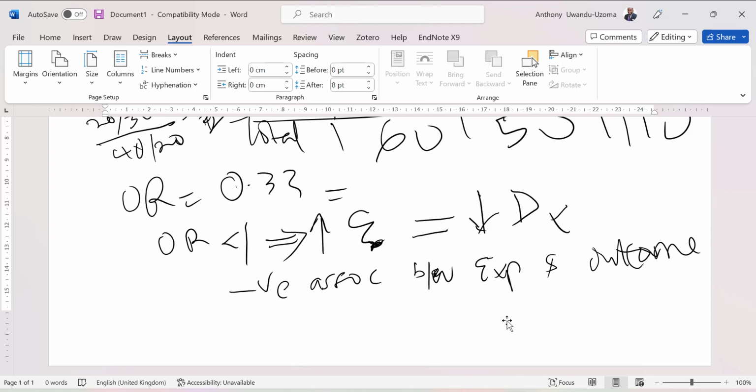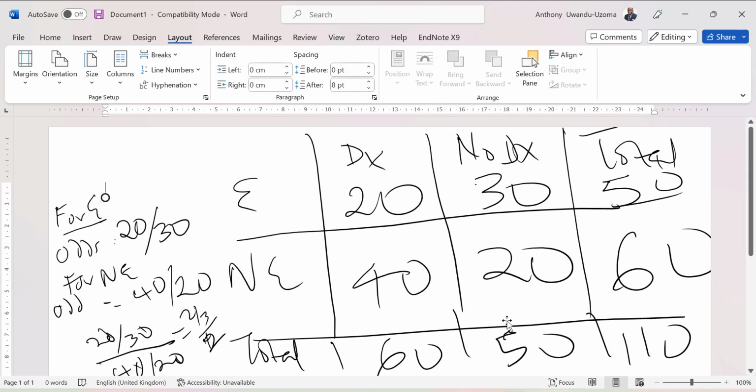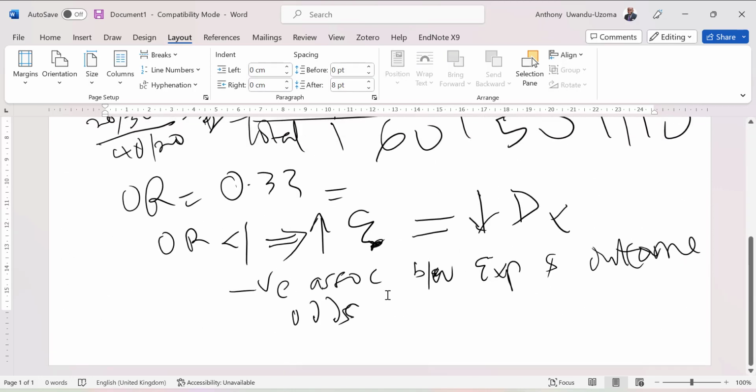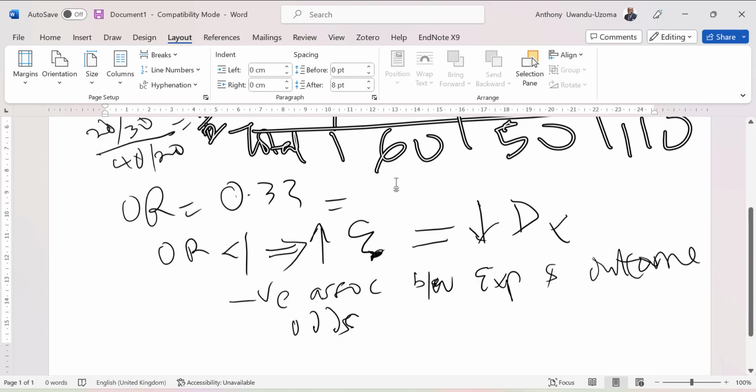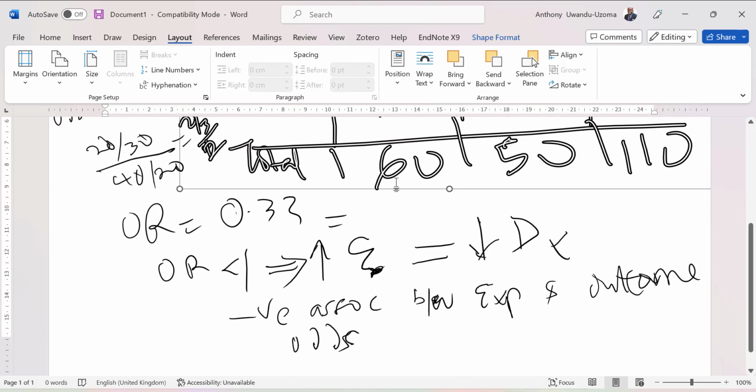Then the second statement is that when the odds ratio is less than one, for example, if the exposure is vaccination, it means that the exposure is protective, for vaccination programs or for intervention programs to reduce a disease.